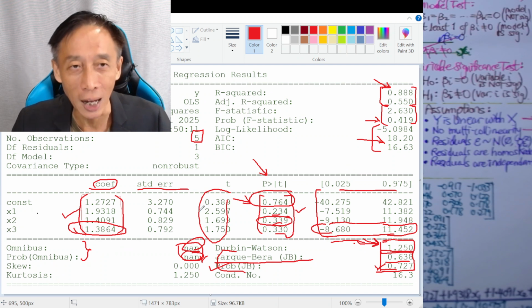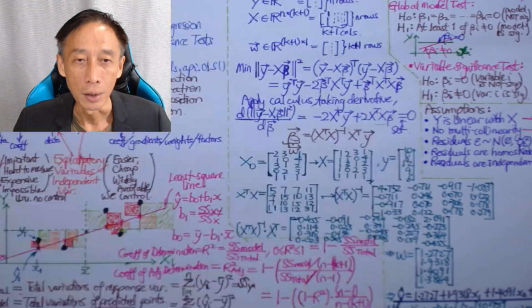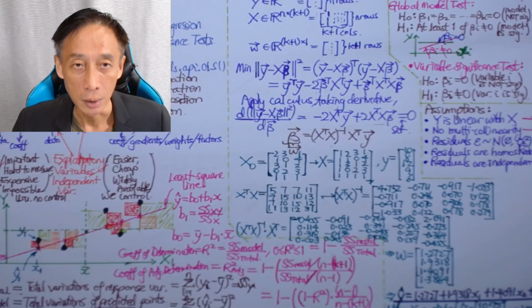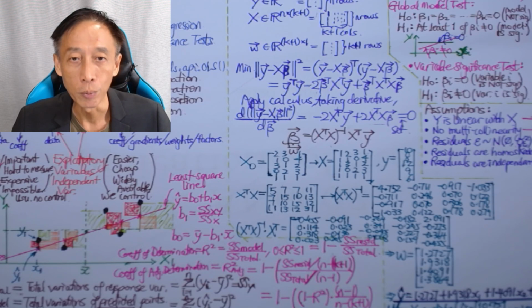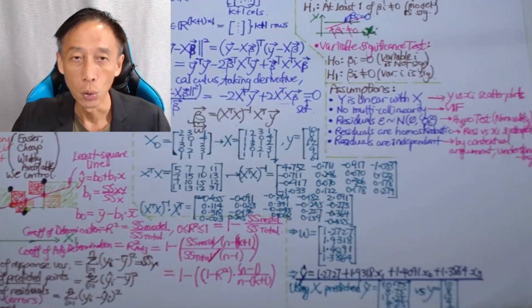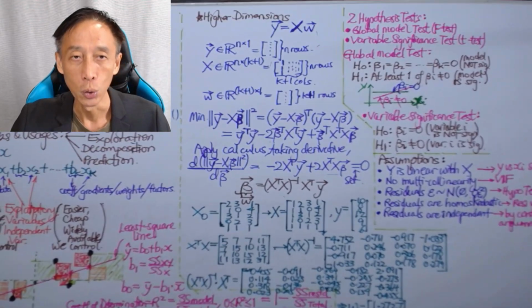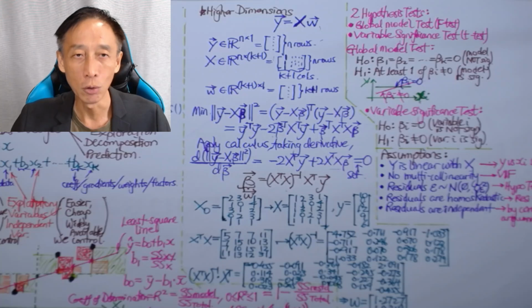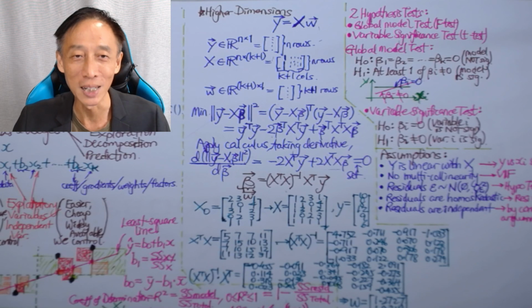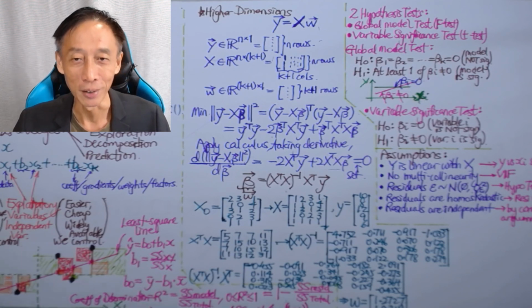And you can only do that wisely when you have the help of the theoretical foundation. So I hope today's video has given you all the necessary ingredients to know how to wield this multiple linear regression tool a lot wiser, a lot more powerfully, than before. Thank you very much for your attention and see you in the next video.